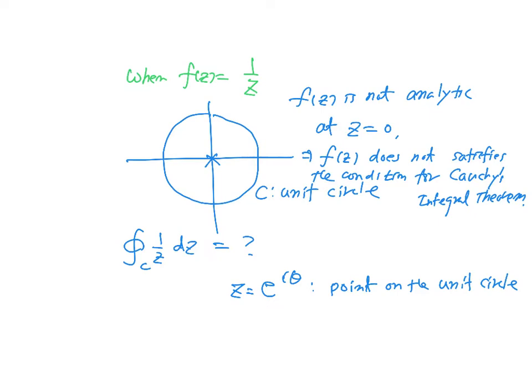So z can be here, right? Here. So in this case, only variable theta. So exponential i theta, theta can be changed from 0 to 2 pi.